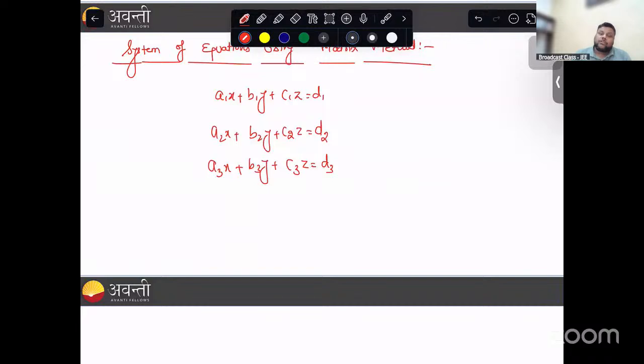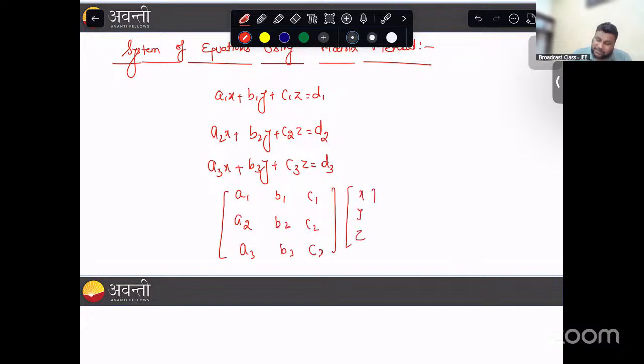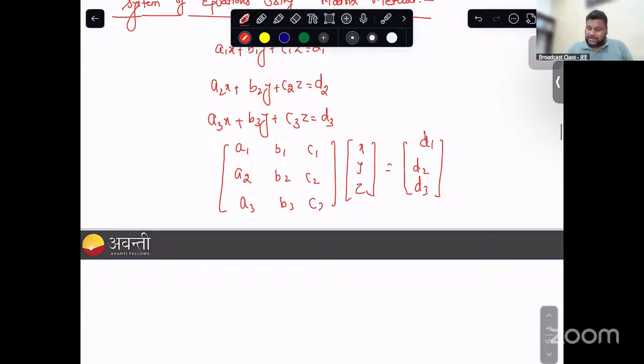So how to solve using matrix method? First of all, we make a matrix: a1, b1, c1; a2, b2, c2; a3, b3, c3. If it is multiplied by x, y, z, what you are getting? d1, d2, d3. Yes or no? This is how we can write the equations in matrix format.